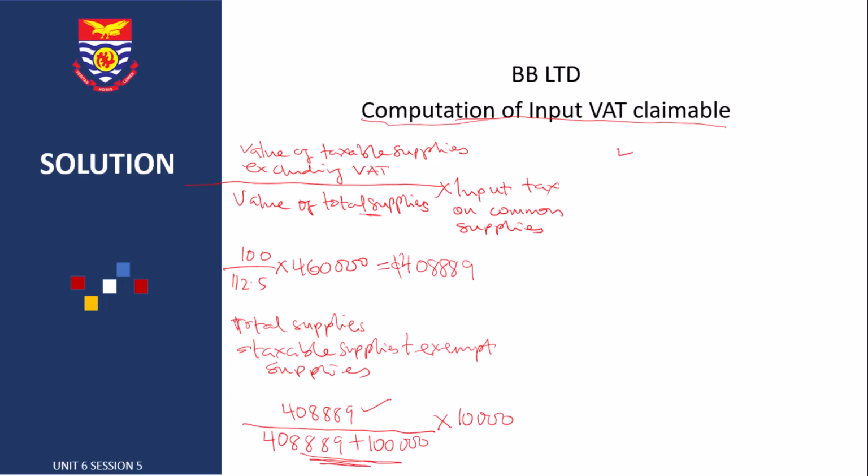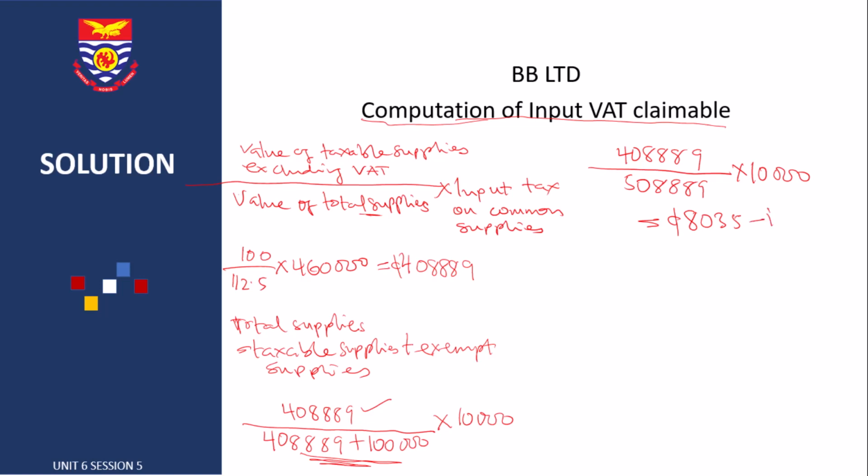So we are going to get 408,889 plus 100,000. So we have 408,889 over 508,889 multiplied by 10,000, and this is going to give us 8,035.